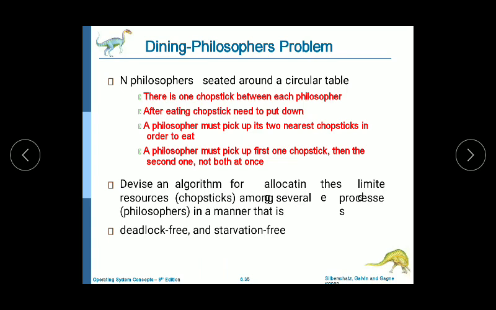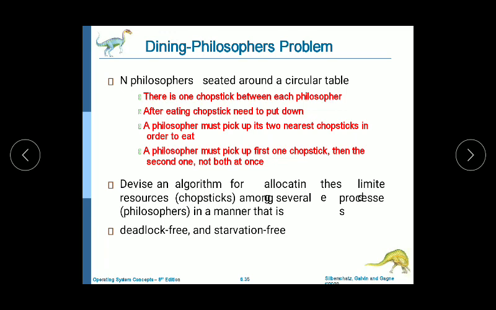The dining philosophers problem is considered a classic synchronization problem neither because of its practical importance nor because computer scientists dislike philosophers, but because it is an example of a large class of concurrency control problems. It is a simple representation of the need to allocate several resources among several processes in a deadlock-free and starvation-free manner.